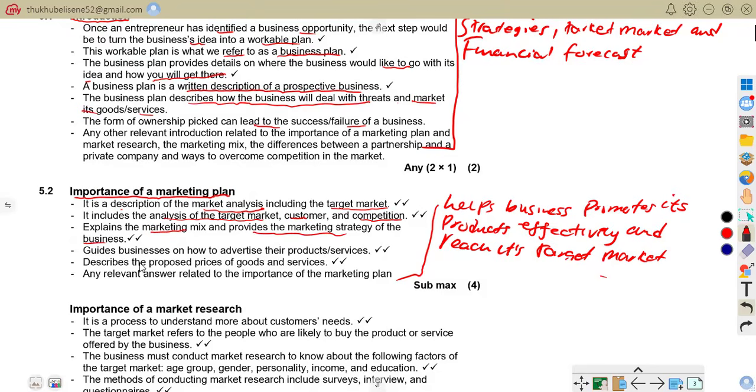It guides the business on how to advertise their products or services, so that you make the customers aware of what the business is offering. It also describes the proposed prices of goods or services. So the prices are as well in the marketing plan. That is why a marketing plan is very, very important.